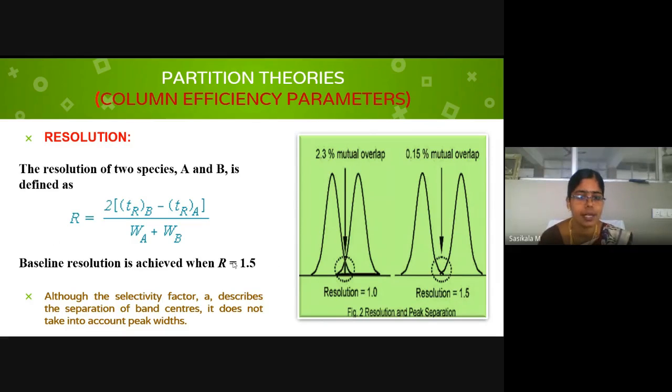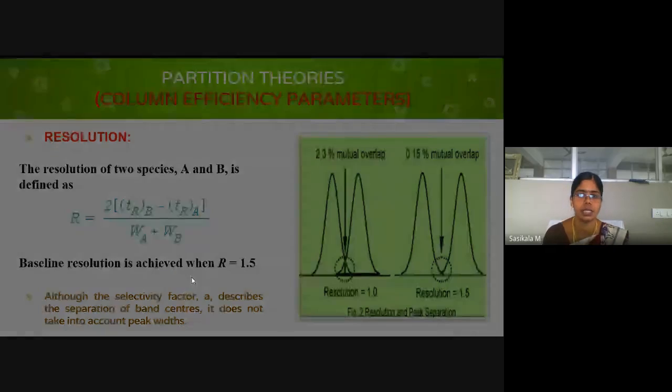This gives you the resolution, and the optimum value is 1.5 to attain baseline separation. It does not depend on the selectivity factor. It is a different parameter, since it explains peak widths, whereas the selectivity factor only speaks about migration time. So these are all the partition theories.